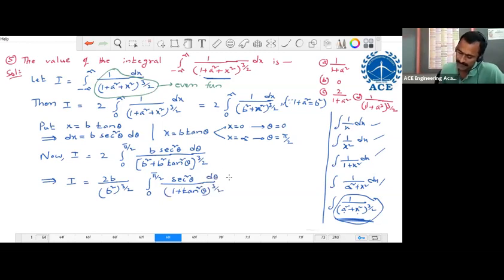The 2 gets cancelled, and b power 3 leaves 1 by b square. So 2 by b square, integral 0 to pi by 2 of secant square theta divided by (1 plus tan square, which is secant square) whole power 3 by 2.